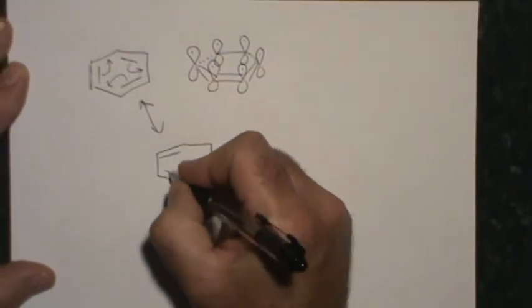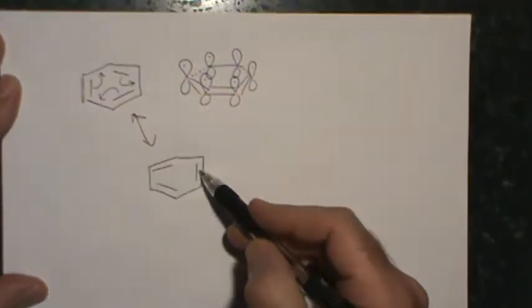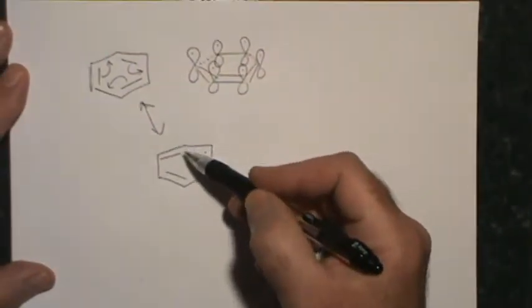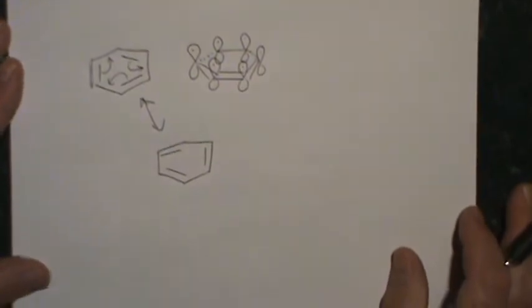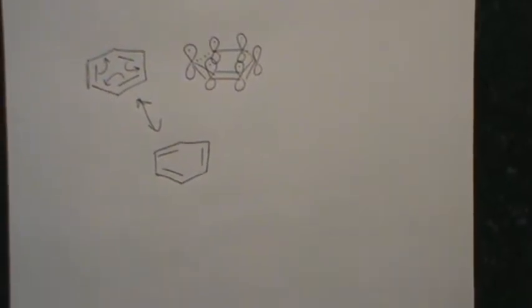And wherever we had single bonds before, like here, here, and here, we now have double bonds. And wherever we had double bonds before, we now have single bonds. And so you realize quickly that it's truly arbitrary as to where you show those double bonds existing.